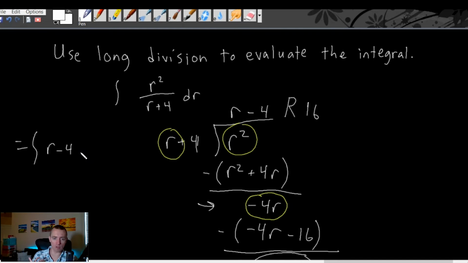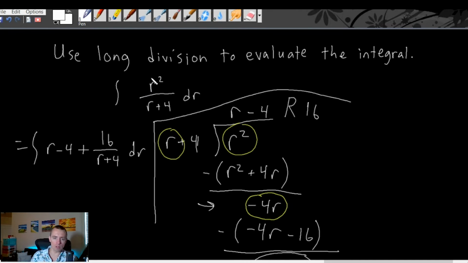A remainder of positive 16 basically just means we still have plus 16 over r+4. The 16 was not able to be divided by the r+4, so it's still being divided by r+4. However, what we were able to do is kind of factor out r minus 4 from it. So now we've basically rewritten this integral as this one here.